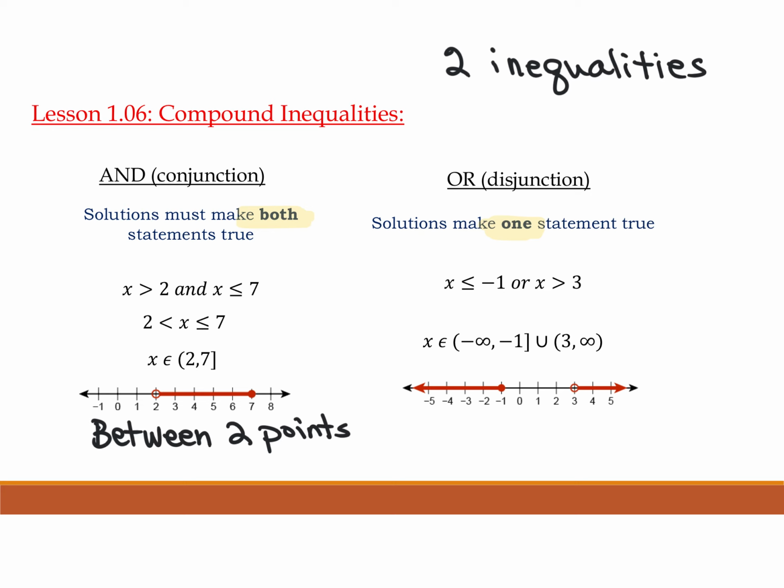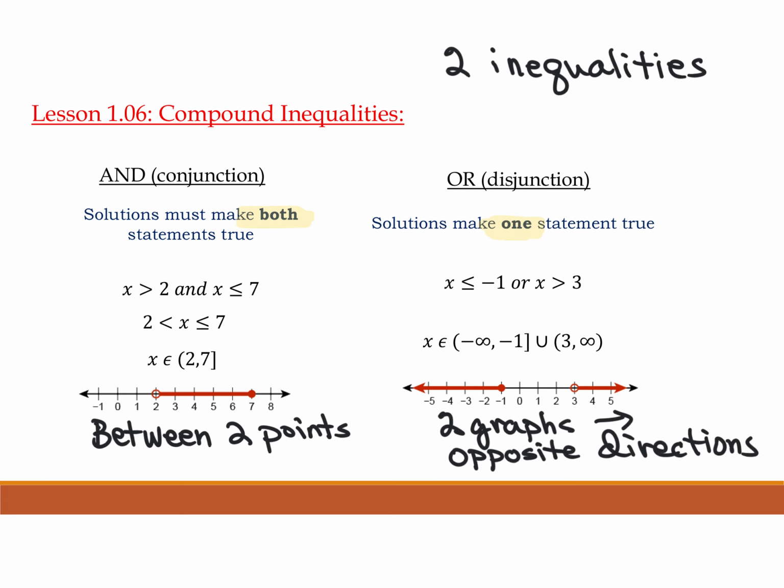Normally, on a disjunction, you're going to have 2 graphs, and the 2 graphs are going in opposite directions. We will look at how we write those solutions when we start looking at the examples. But the main thing is, if your graphs are going opposite, normally that represents a disjunction. If the graphs are between 2 points, then it is a conjunction.